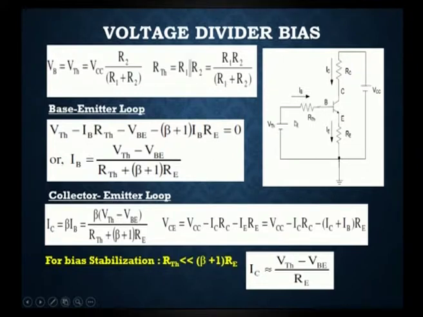We already know this value, and now we come to the loops and find the different currents and voltages. We apply KVL for the different loops and find the current and voltage for getting a Q point.